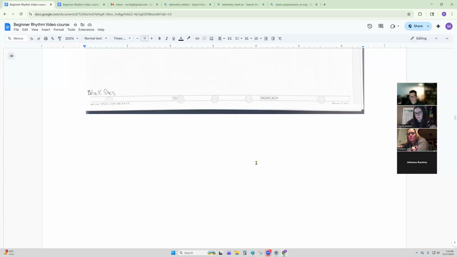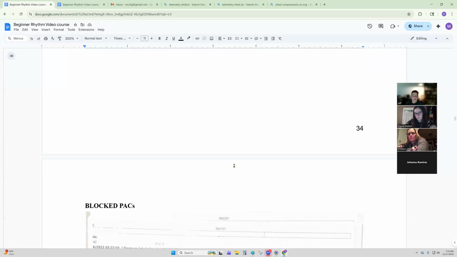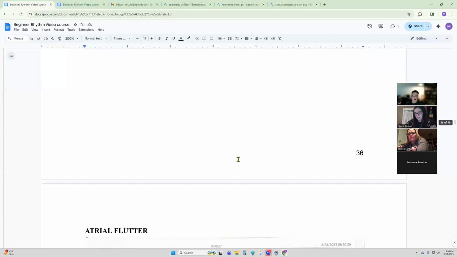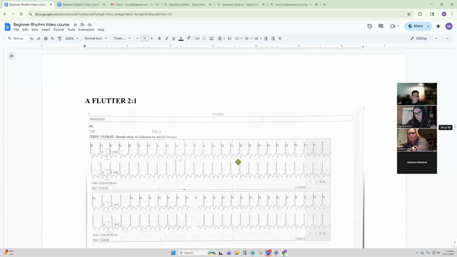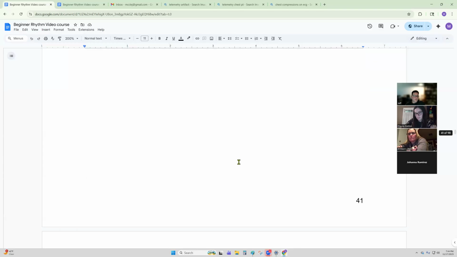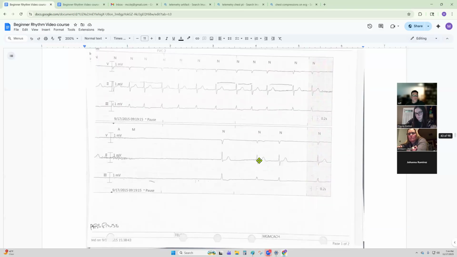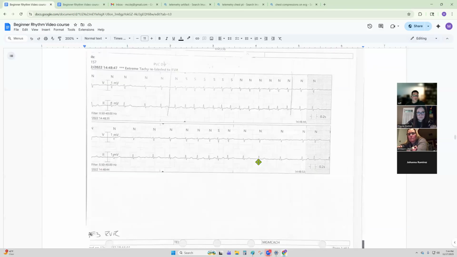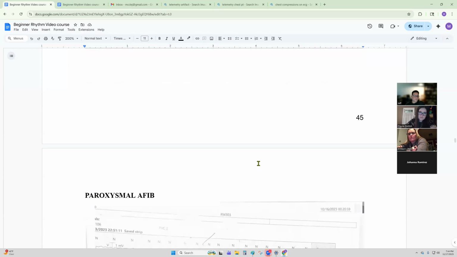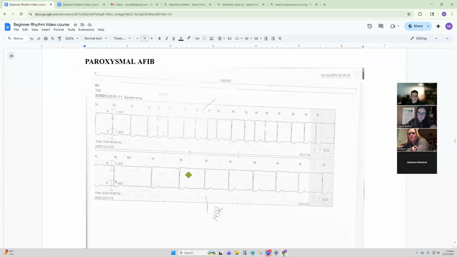There's just fibrillation along the baseline, and there is no regularity to the R to Rs. So paroxysmal AFib is just short little bursts of AFib. It'll come and go. Like, you've got sinus down here, you've got AFib up here. That's all you're going to see.